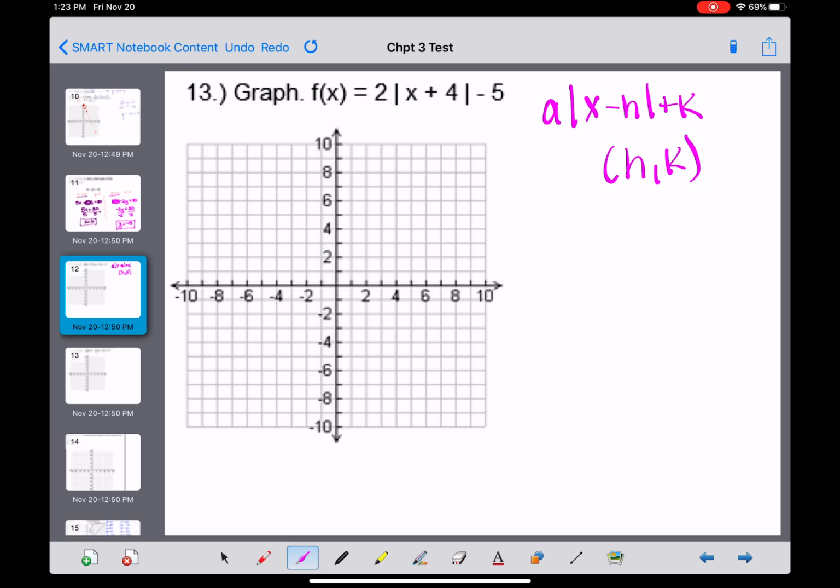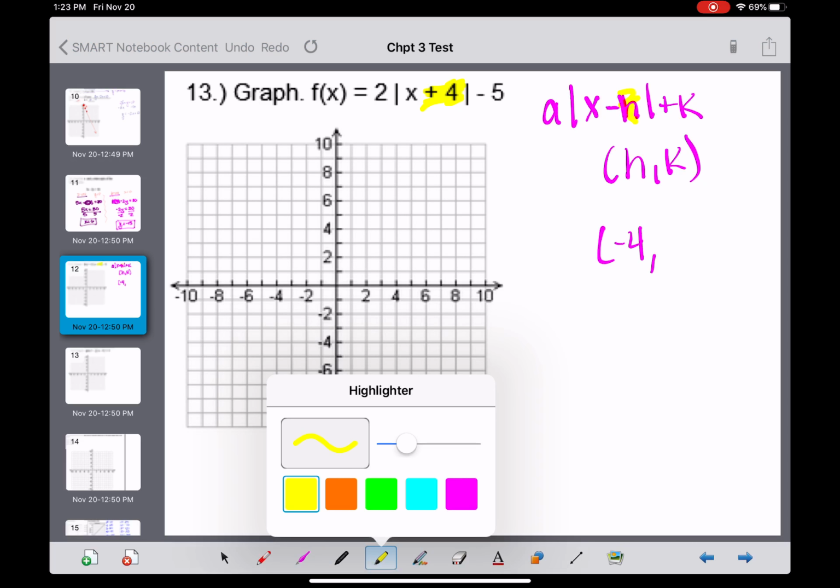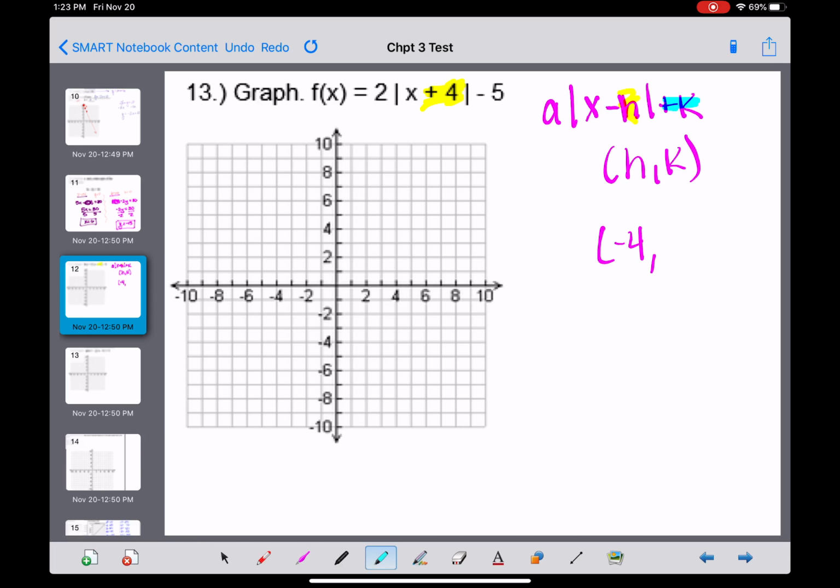So within where my h value is located, I have positive 4. So that means the opposite of h, or the opposite of 4, is negative 4. My k value is whatever the constant is. In this case, it is negative 5. So I'm going to start with plotting my vertex negative 4, negative 5.